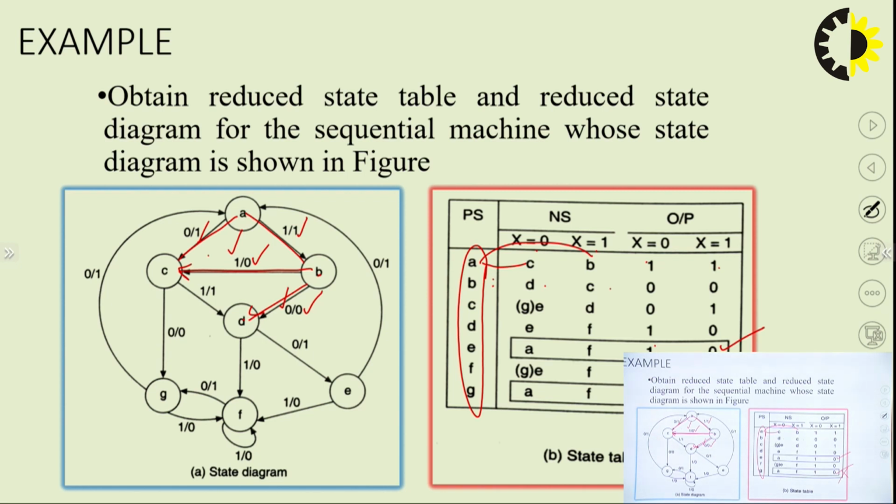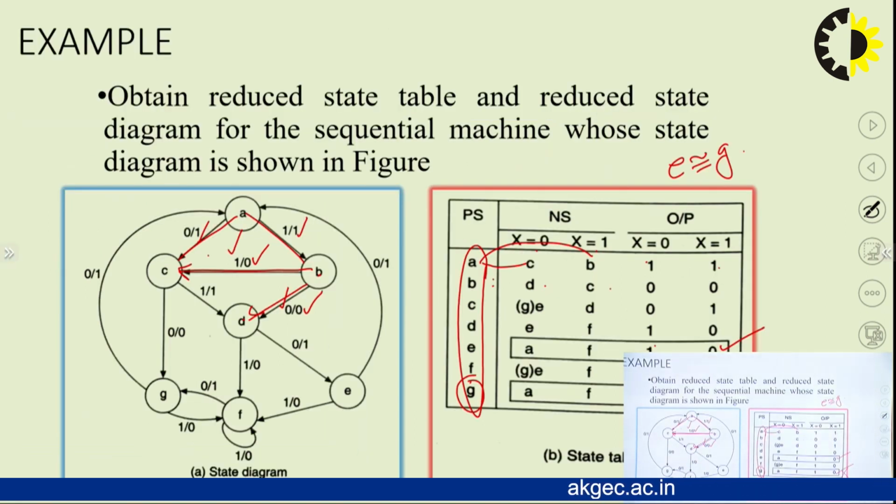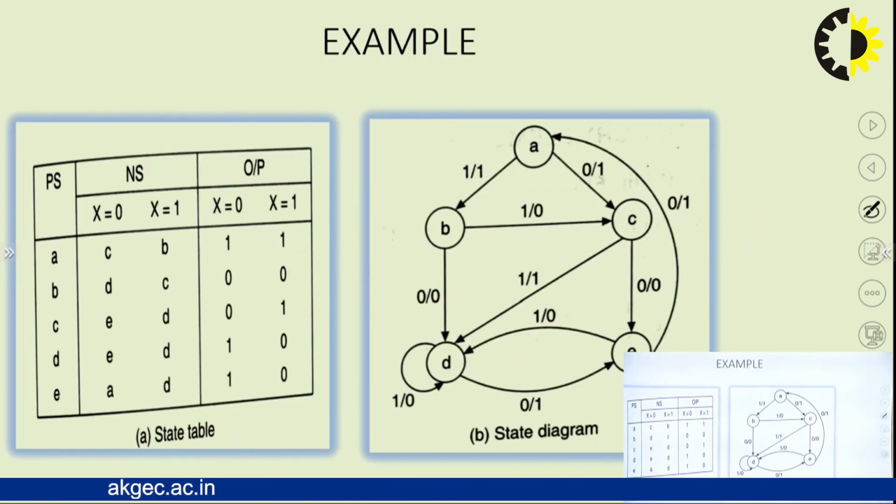So I will remove G and I will write E in place of G everywhere in my state table. This is how we go. So the table has not been reduced in a very big manner, but still we can see that this has been removed.